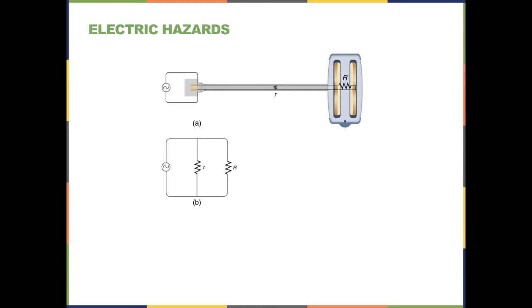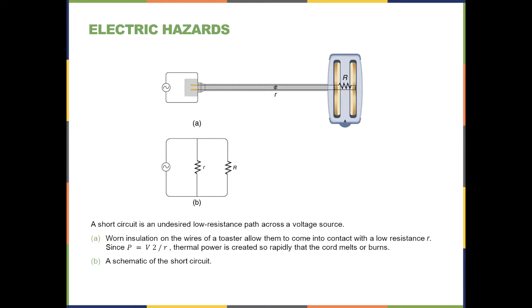Now let's end this section and these lectures talking a little bit about electrical hazards. One of the most important electrical hazards is called a short circuit, shown here in the top diagram with this little r. Basically what that represents is an alternative path that the charges can take that's not part of the plan.